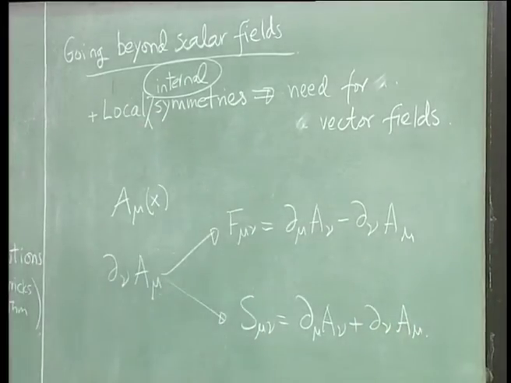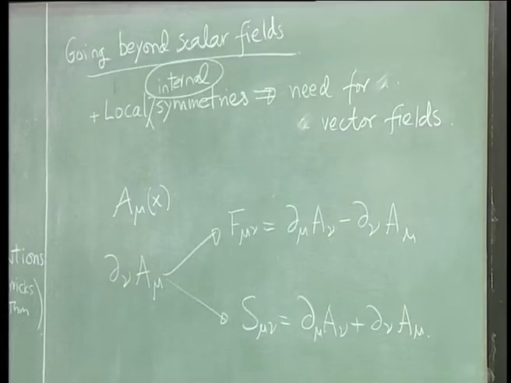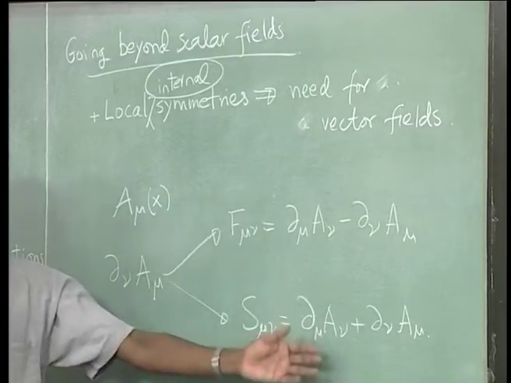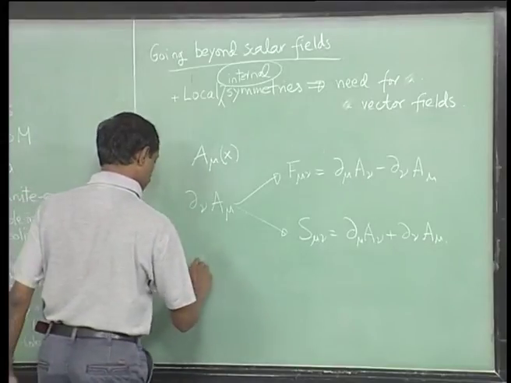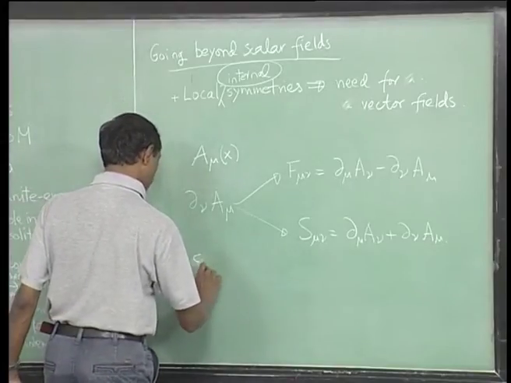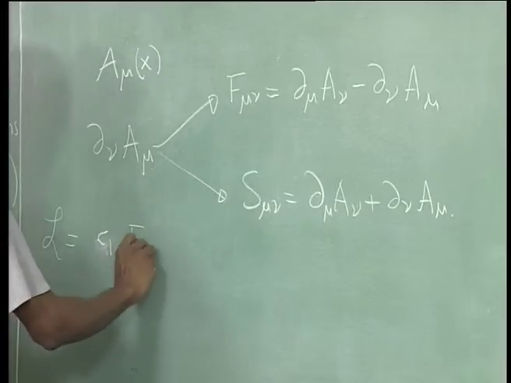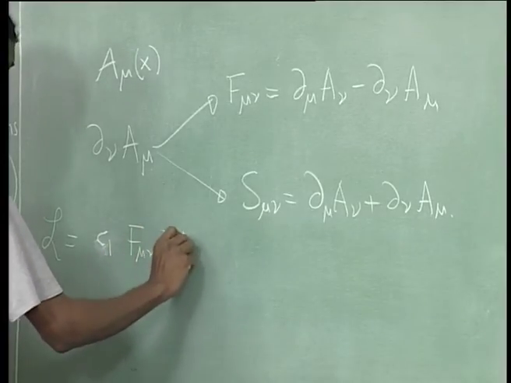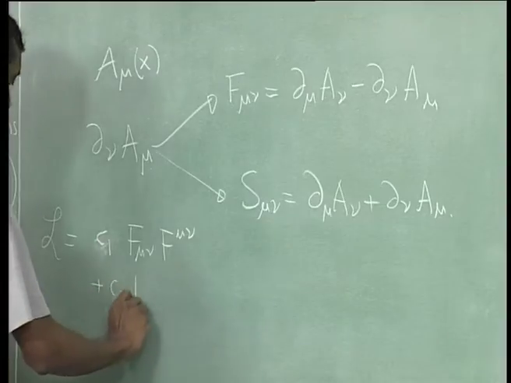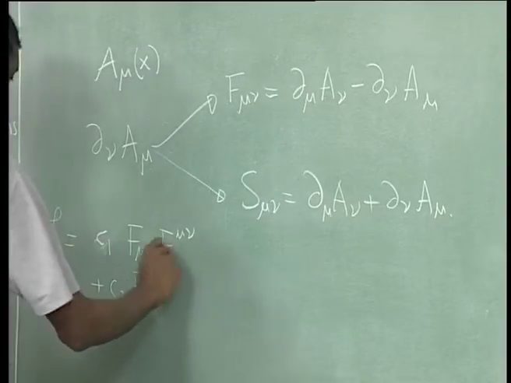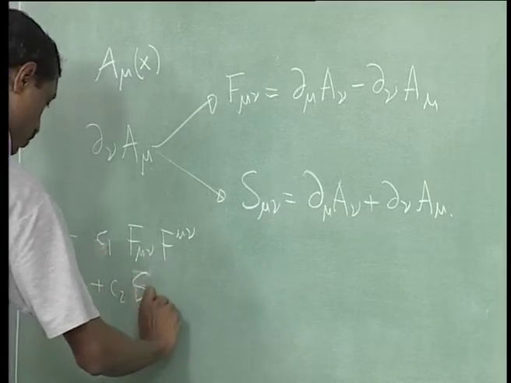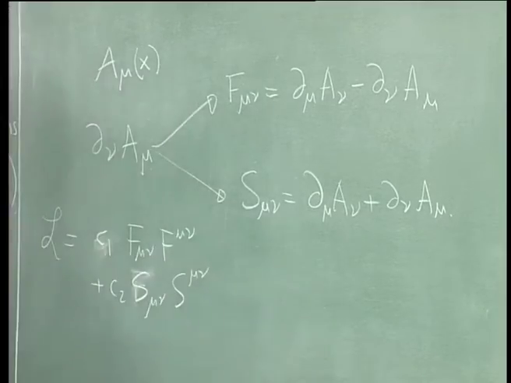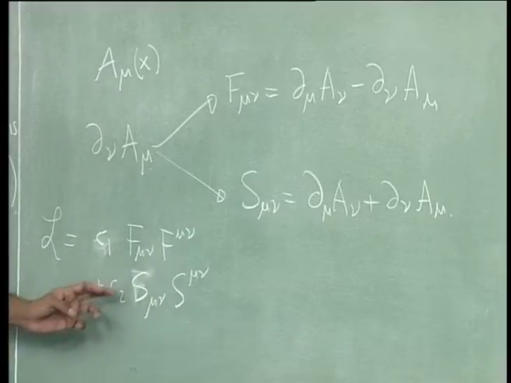So, if I try to write out the most general Lagrangian which would involve two derivatives of these things, it would have some coefficient, let us call it C1, times F_mu_nu squared, plus C2 times S_mu_nu S^mu_nu, and you cannot have a cross term because that vanishes.